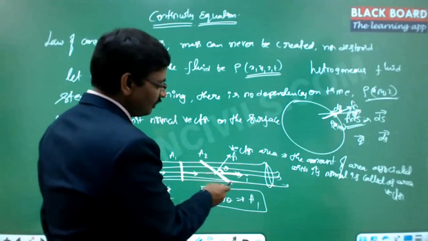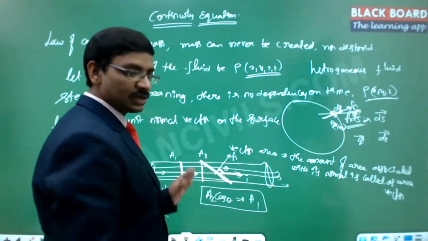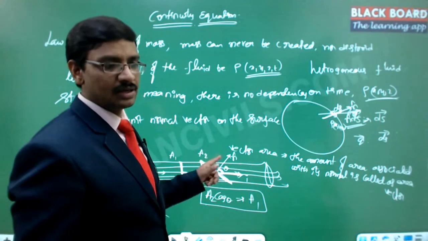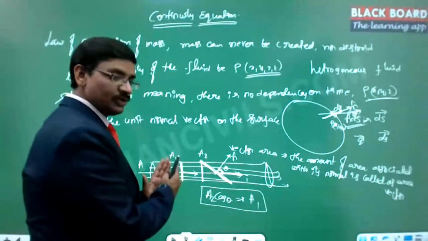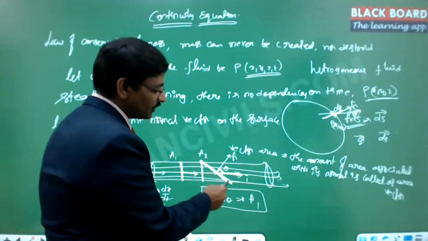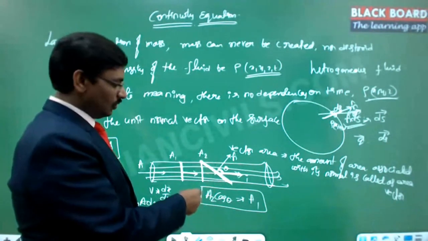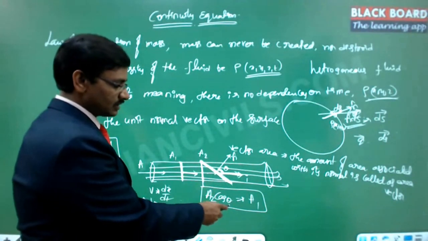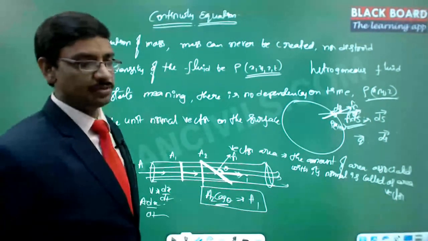So this area will be bigger, but the effective one is only the vertical area. If you are able to calculate this vertical area, then that will be used for the calculation, because the same amount of the fluid is crossing, but with a different, much bigger area of cross section. But only this portion is effective. For that, this cos theta will come in as a factor. Got it? Anupam, understood?